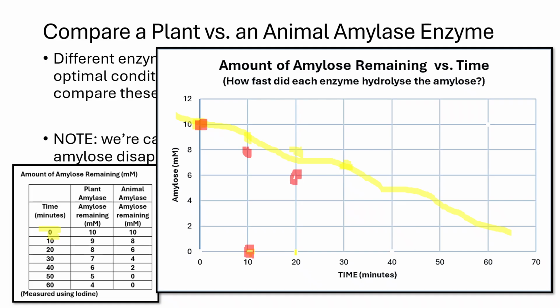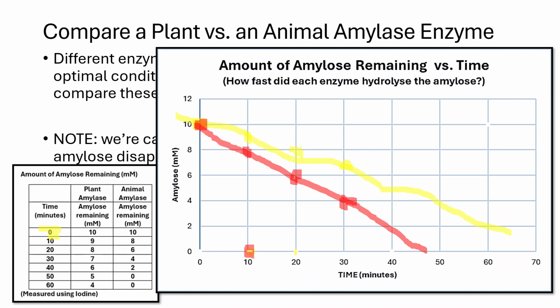At 30 minutes, we're down to 4. And I won't plot all the points in this case, but as you can see, the amount of amylose left in solution drops more quickly in the presence of the animal amylase, which indicates that the animal amylase is working faster than the plant one is, right?